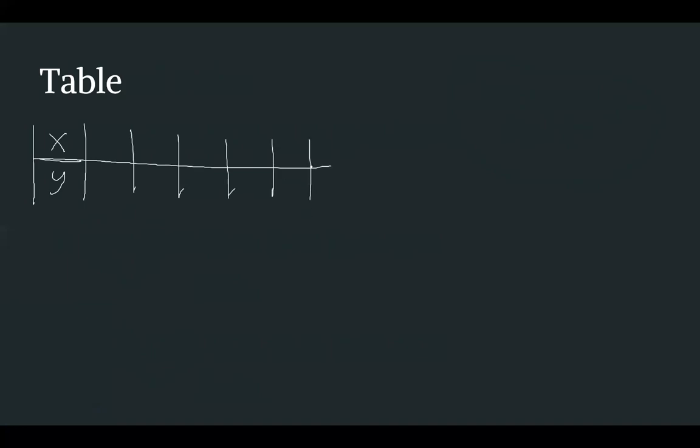Table, the same thing as the ordered pair. Remember this one, right? We have x, y. So let's take a look at this one. It's going to give you two tables.